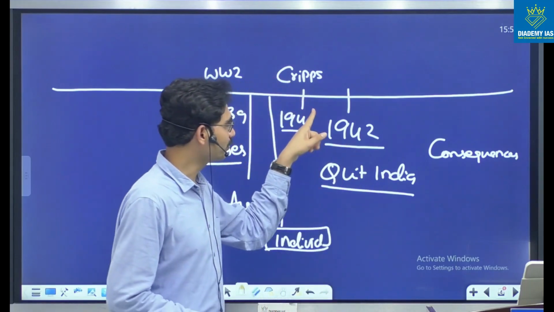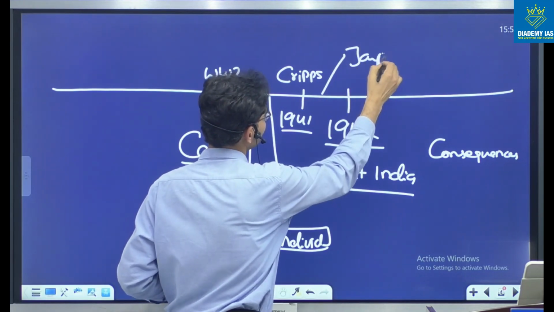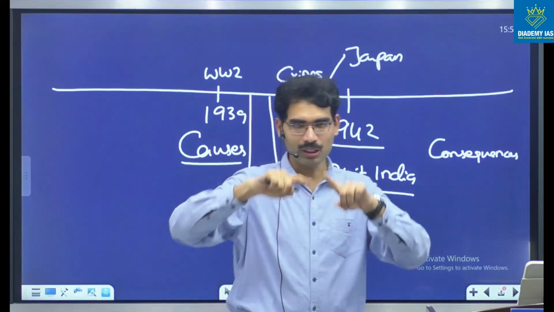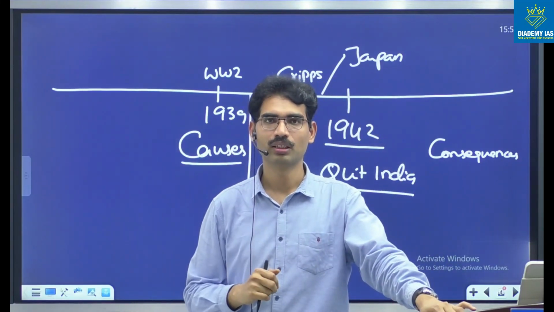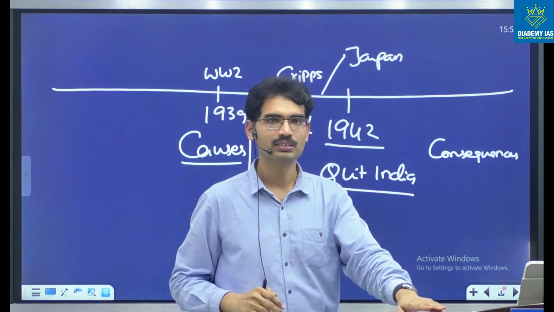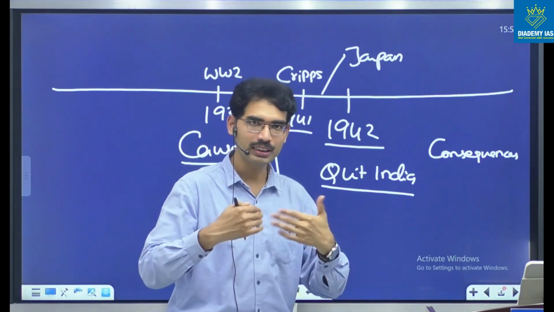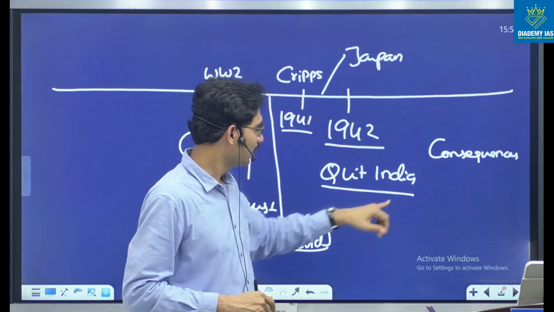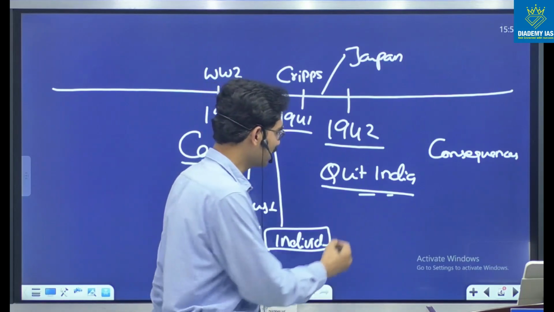Meanwhile, in 1941-42, Japan was also continuously expanding in Southeast Asia. Now this side is getting attacked, and in Europe also attacked. They wanted to take the support of India. That's why they came to India. But at this point of time, Indians said, no, you better quit India.